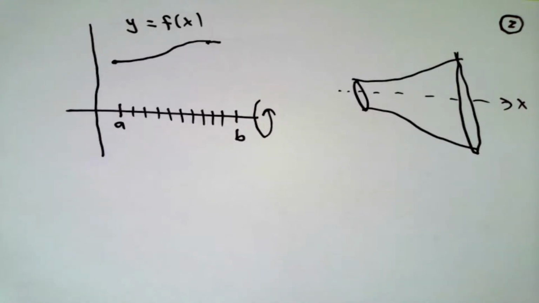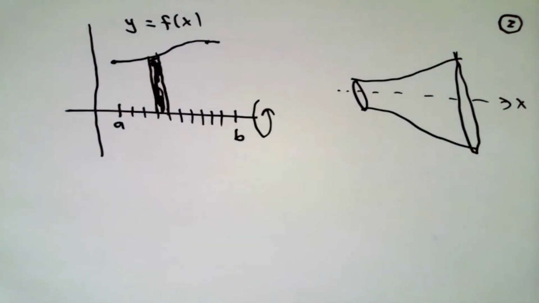As we usually do, we're going to chop one of the variables up into easier to deal with pieces. We'll look at the x interval from a to b, divide that up into a bunch of subintervals. If I think about the volume that comes only from the shaded in bit, then this is going to correspond to a small piece of the solid.